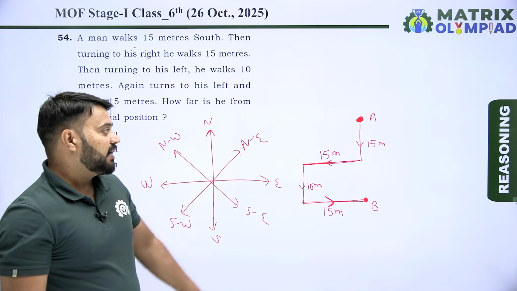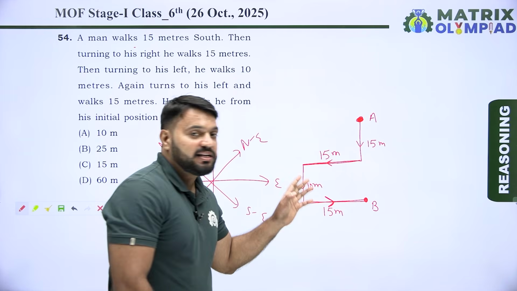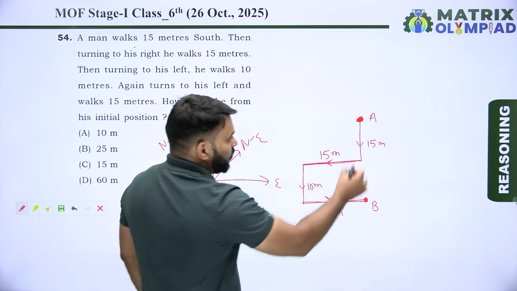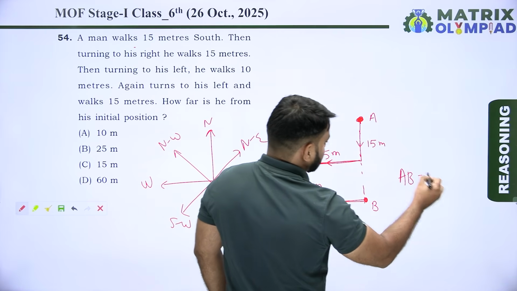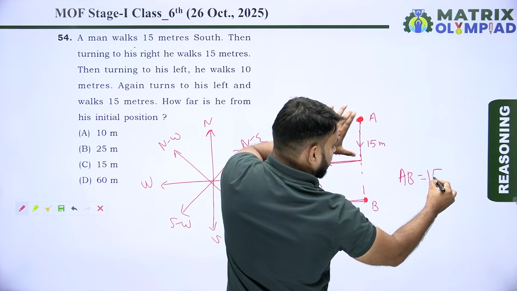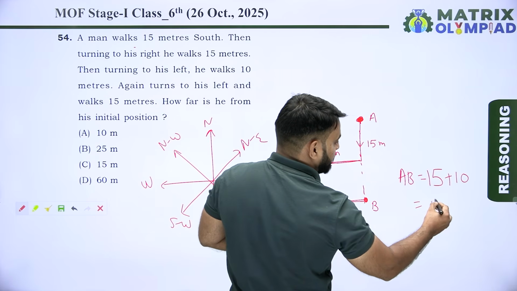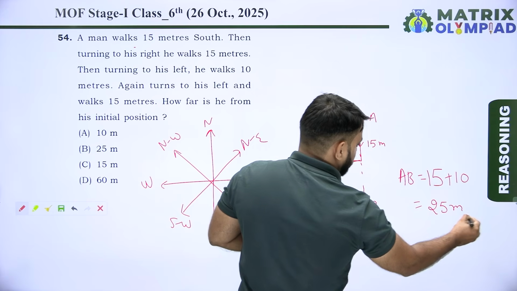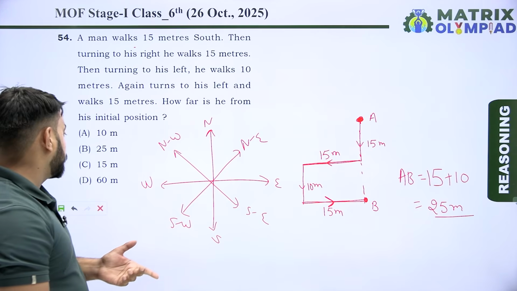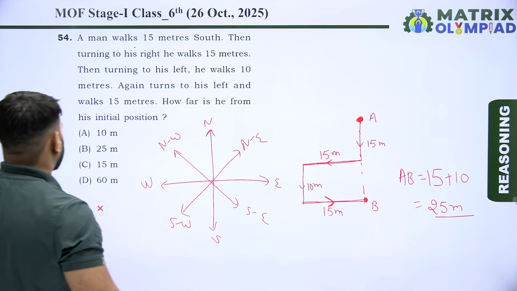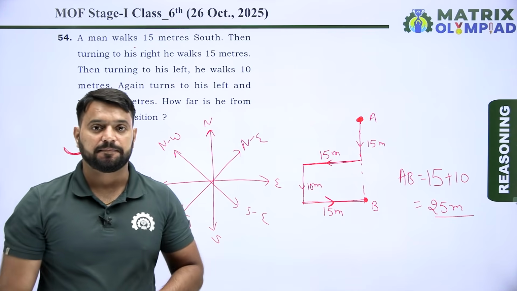So it means the initial point and end point will be in the same straight line. So the distance between A and B is equal to 15 plus 10, it means 25 meters. So the distance between initial position and end position is 25 meters. So here option B is the correct answer of this question.